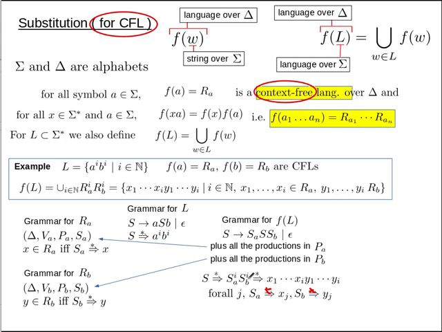Then SA and SB will be expanded like this, because we have the productions for this and for this also. So this is the modified production for L1. This part comes from L, and then it also has the productions of these. Once we have a sentential form which consists only of the start symbols, we can expand it according to this production and this production.